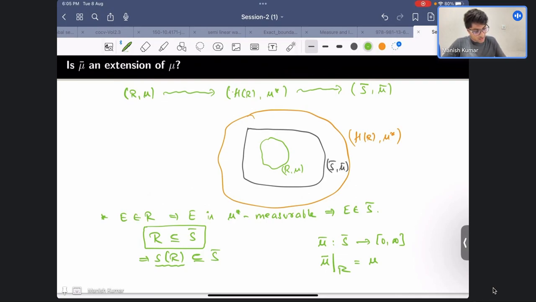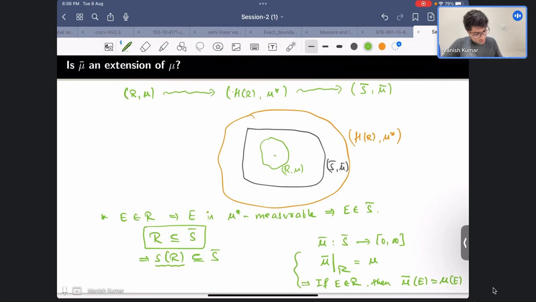The same definition will be true. If I take any element from here, what does this mean? This means that if E belongs to R, then mu bar of E is equal to mu of E. So what does this say?